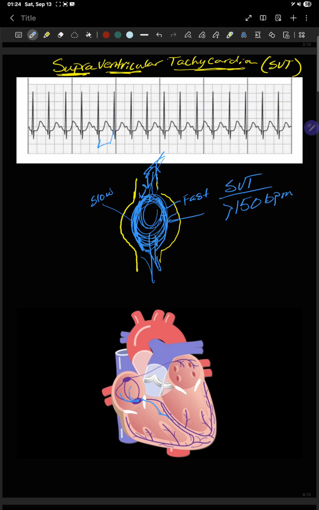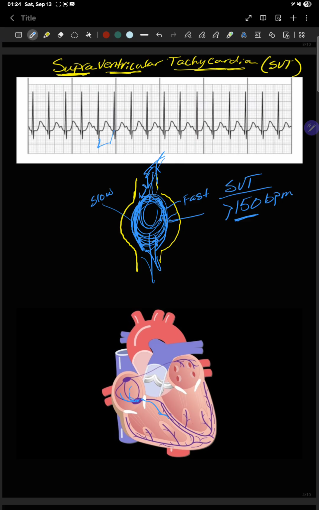Okay, so if we walk in and Grandma's sitting on the couch and has been watching Jeopardy and she has a heart rate of 150, we're going to start thinking SVT on this patient.